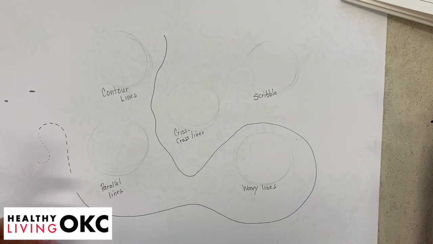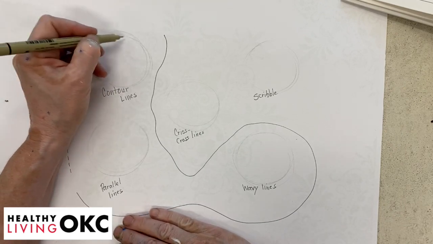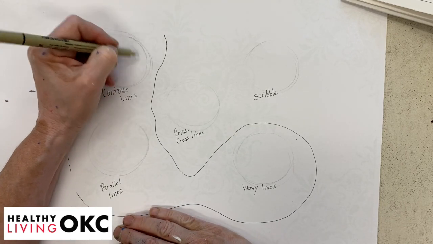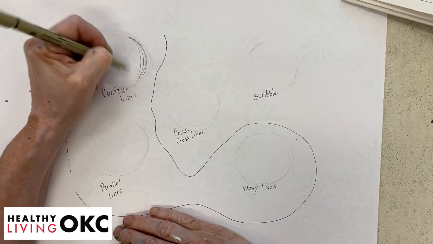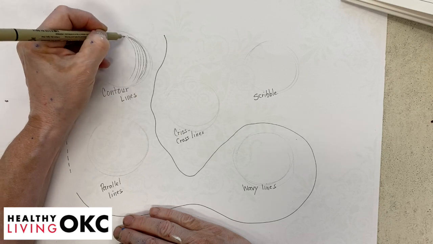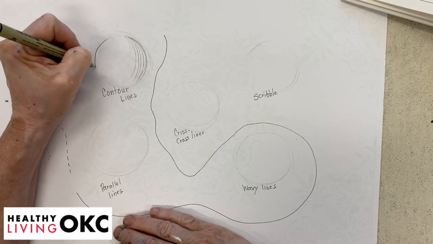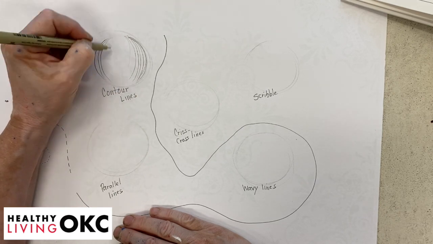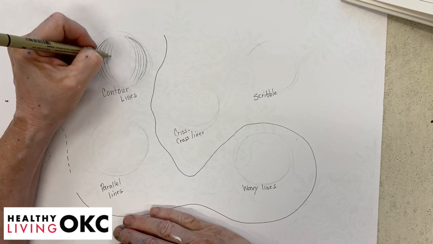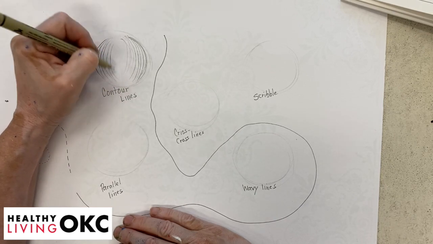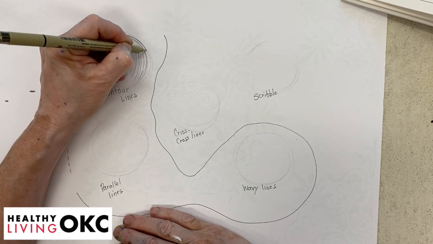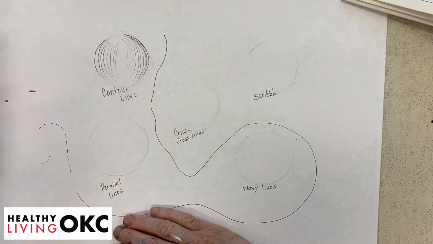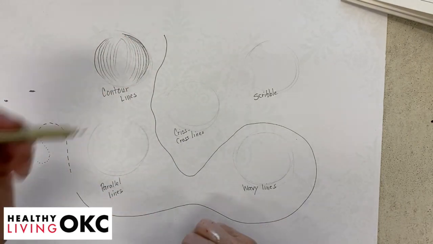All right, so contour lines is when you're going to follow the contour of whatever you're drawing. So if you want it to kind of be round, you make your lines follow the contour of whatever you are drawing. Maybe we're drawing an onion, but we want it to look rounded. That one's about to run out, let's get another one.